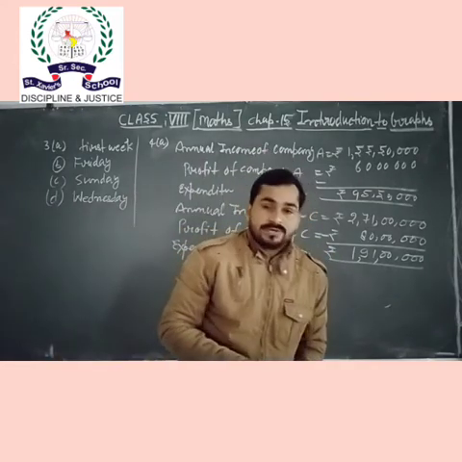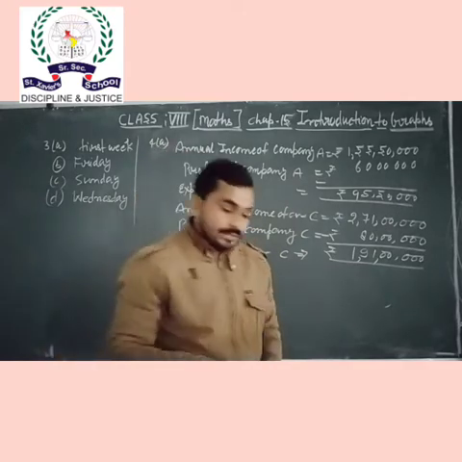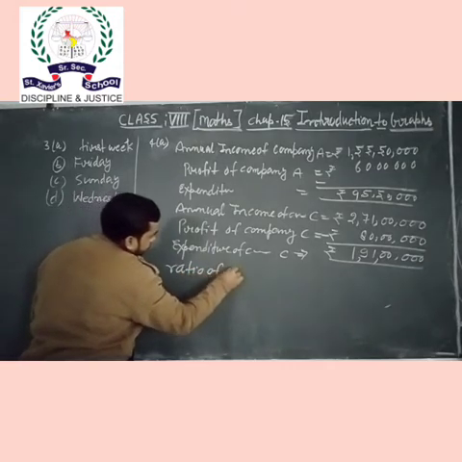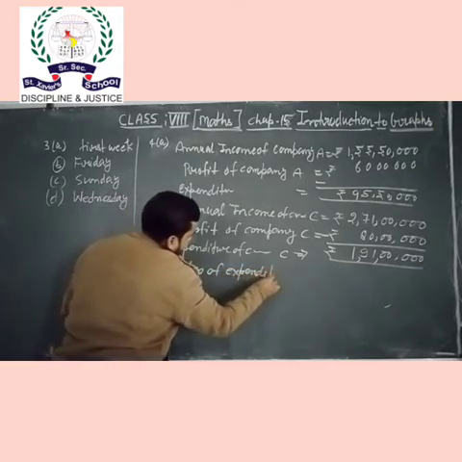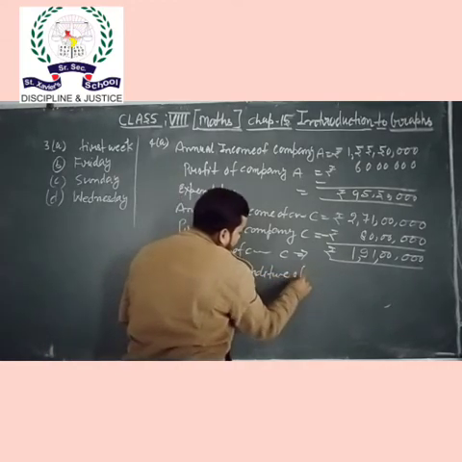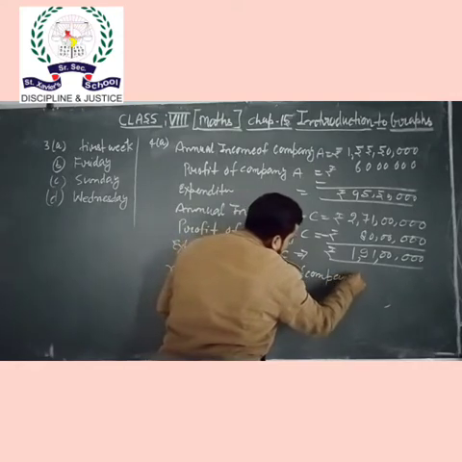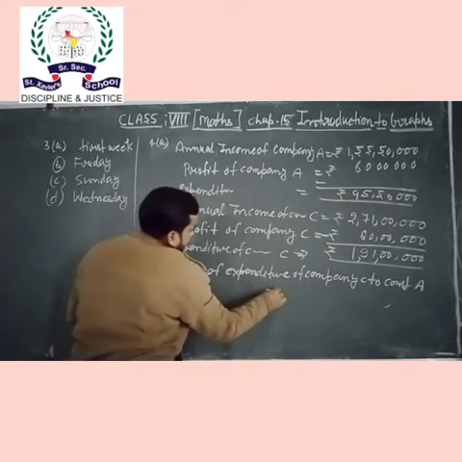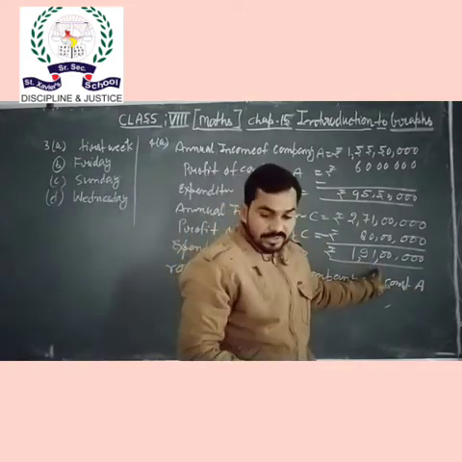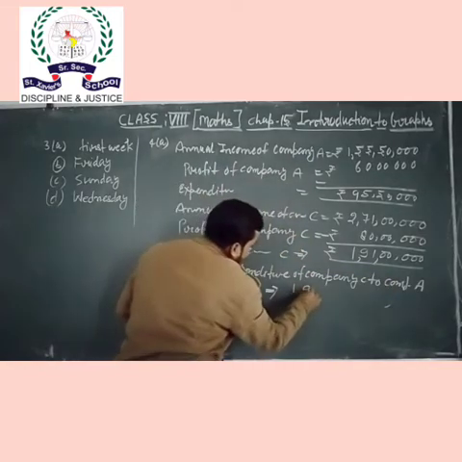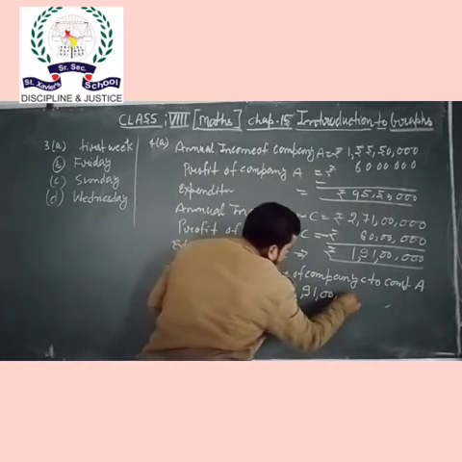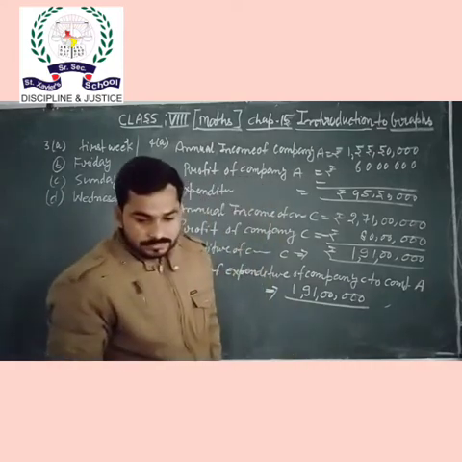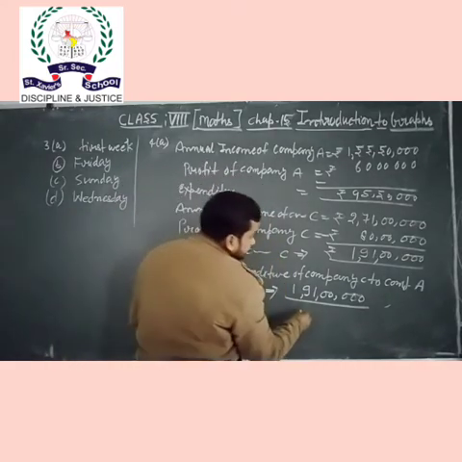Then find the ratio of the expenditure of company C to the expenditure of company A. C to A. So the ratio of expenditures of company C to company A. You will see here C is 1 crore 91 lakh. Ratio means divide.